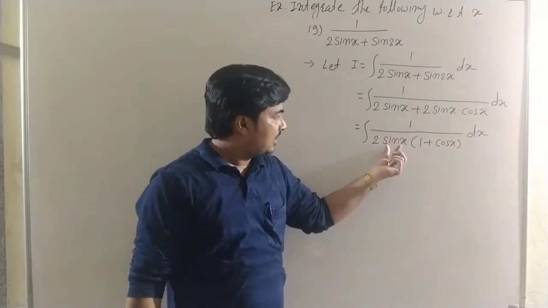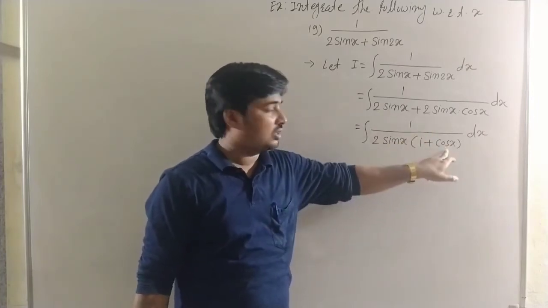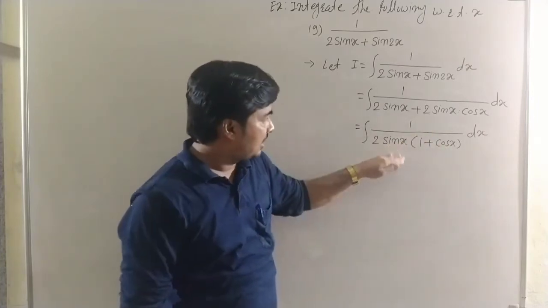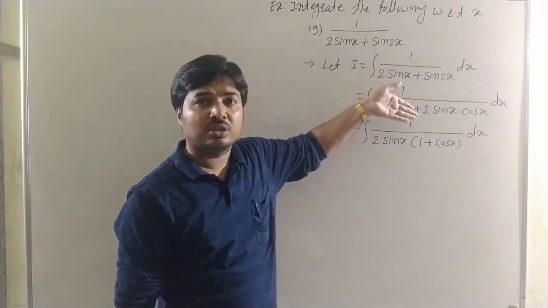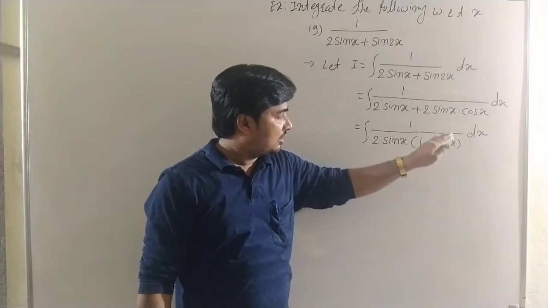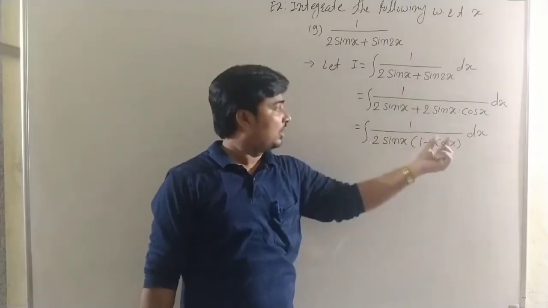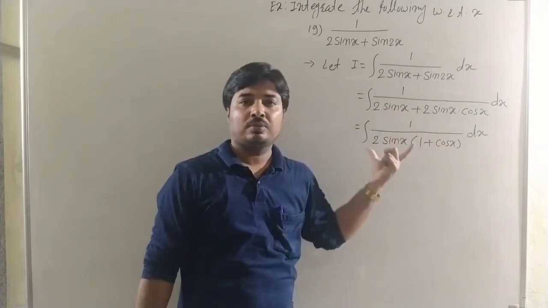Here it is 1 by sin x, and 1 by 1 plus cos x. The sin x we can take in the numerator, that is cosec, which is again in the standard form, but here we cannot take the cos x in the numerator. So it is in the composite form.